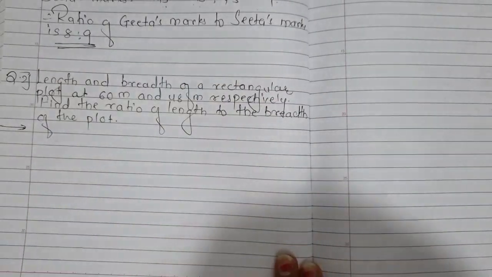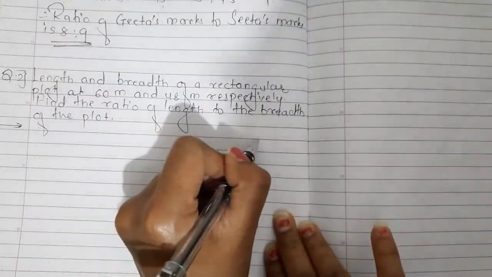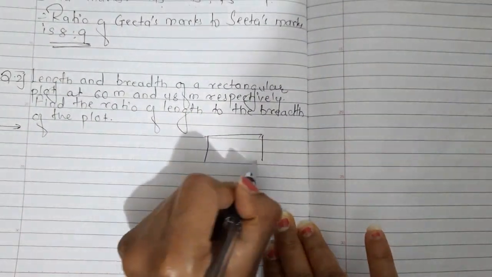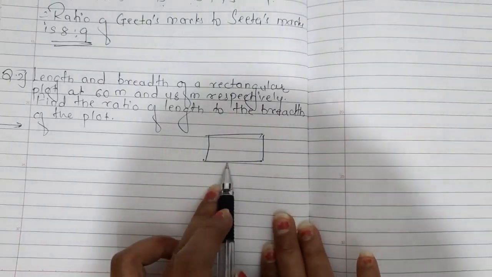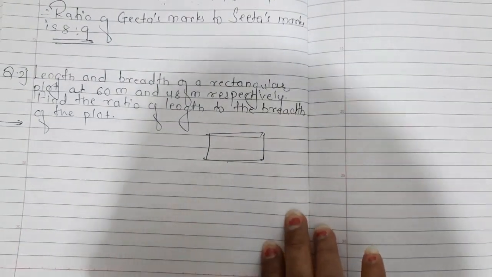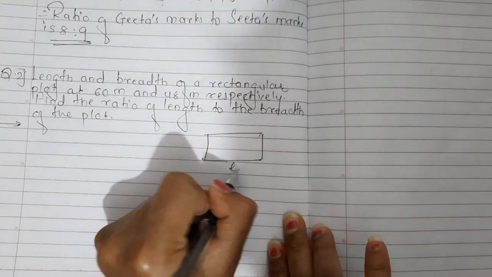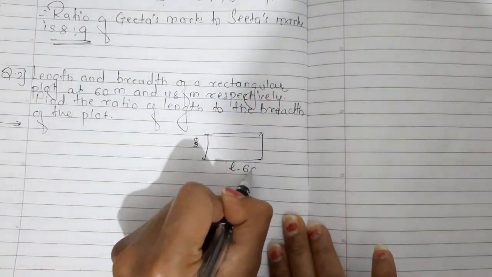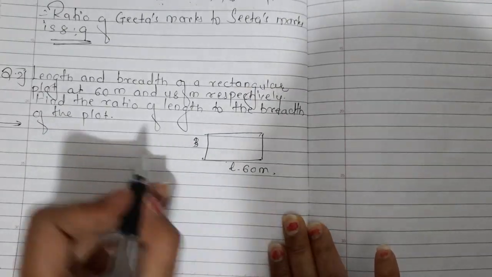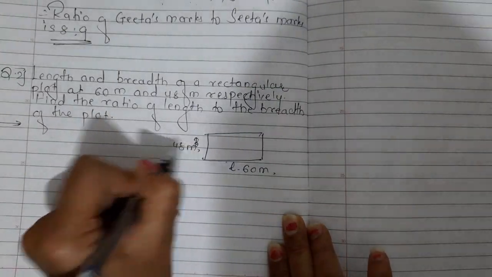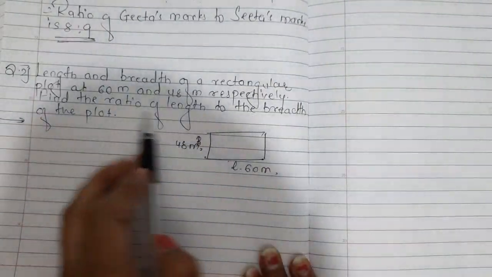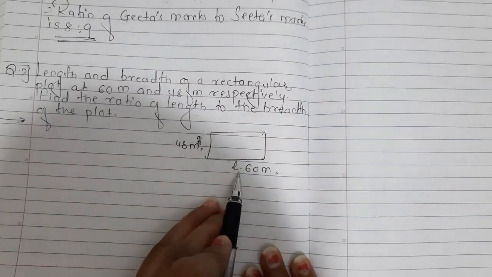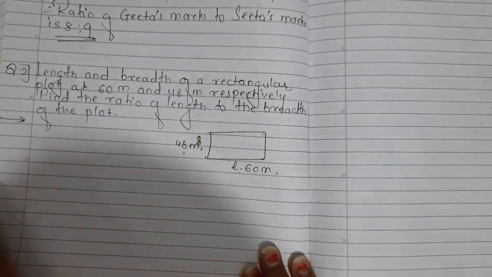What they have given in the question: there is a rectangular plot, this is the length and this is the breadth. Length is 60 meters and breadth is 48 meters. We have to find out the ratio of length to the breadth of the plot.